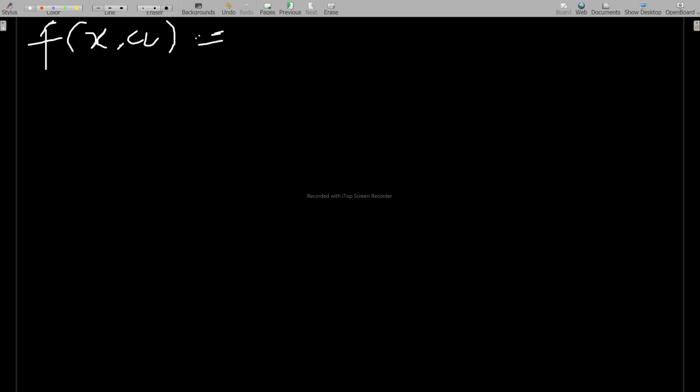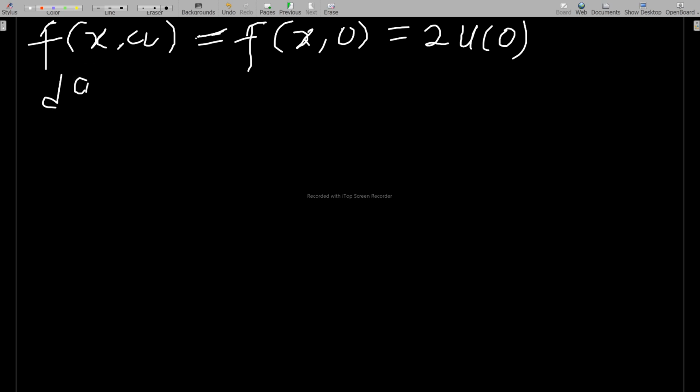Wherever I see t, it changes to a, and a is 0 in this context, so we'll have 2u(0). I hope you get this. Now da/dx is equal to d/dx of 0, and that is equal to 0.